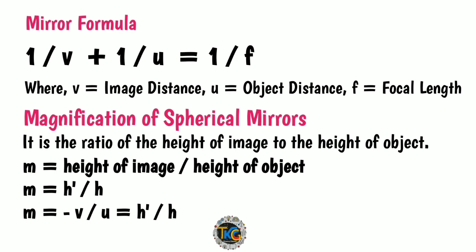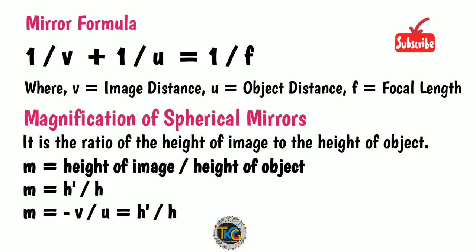And the mirror formula indicates the relation among object distance, image distance, and focal length. The formula is 1 by image distance plus 1 by object distance equal to 1 by focal length. That is, mathematically it can be represented as 1/v + 1/u = 1/f.